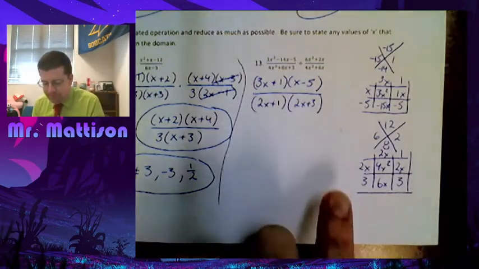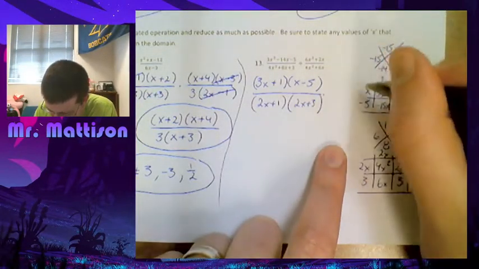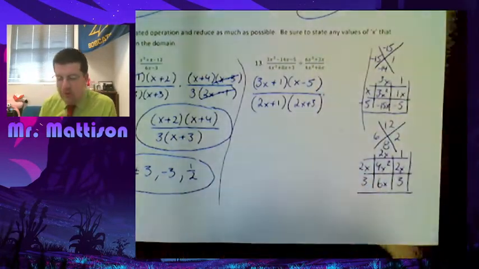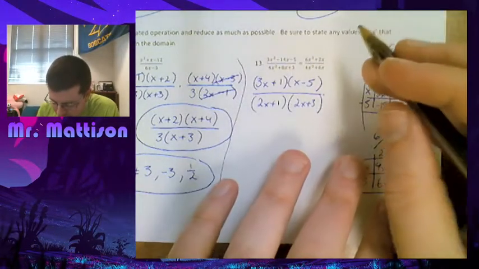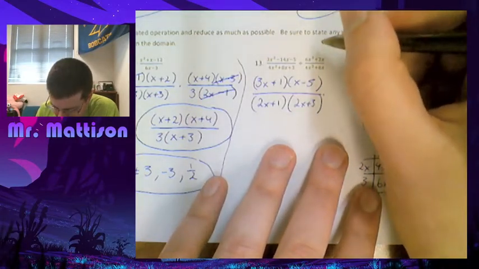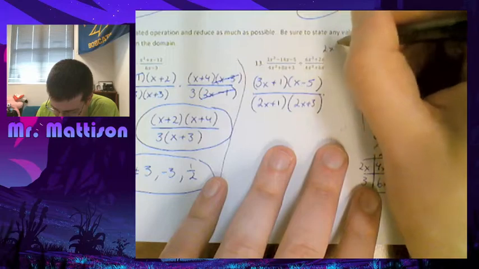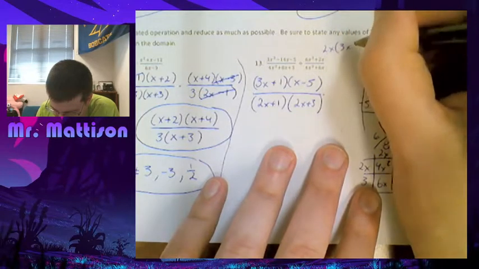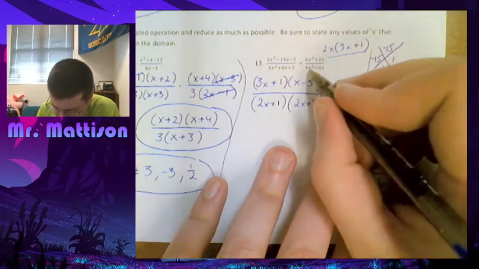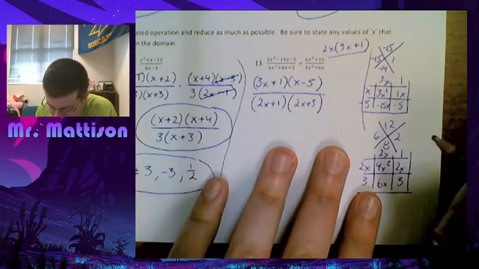All right. I'm getting a little lower, but I should be able to squeeze things in on this side. So on the top here, I can do a greatest common factor. I'm going to be able to pull out a 2x, so that would be 2x(3x + 1). And then on the bottom there, I can pull out another 2x.